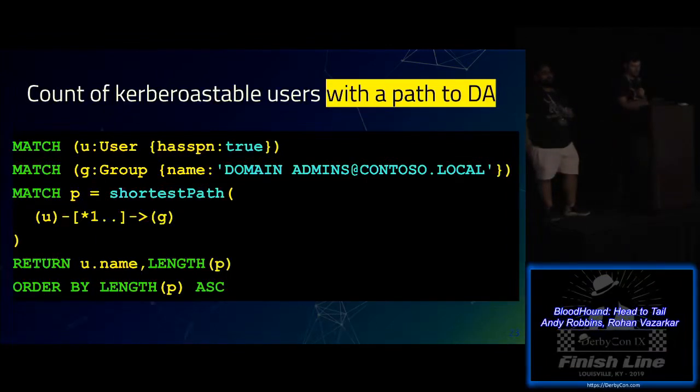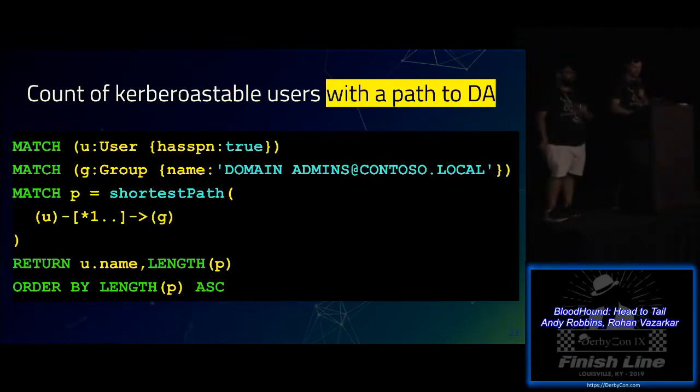What else can we do? We can limit our search result to just the Kerberoastable users that have a path to DA, or a path to enterprise admin, or a path to a domain controller, or a path to whatever you want. And so the way we do that is, again, we match any user that has an SPN. Then we match the domain admins group in the Contoso domain and apply that to the variable lowercase g.